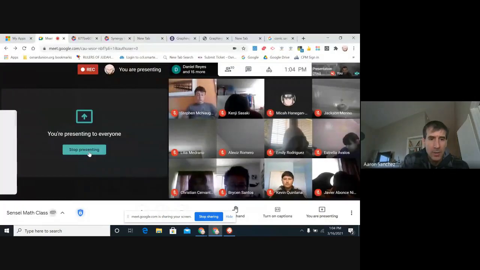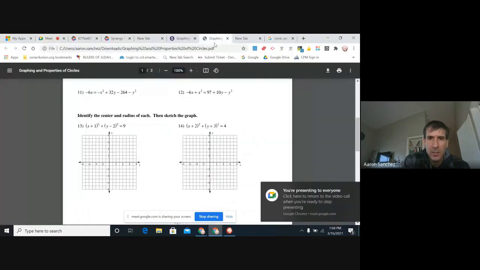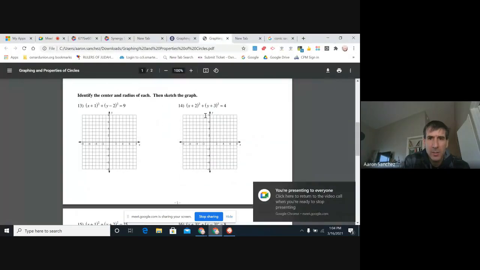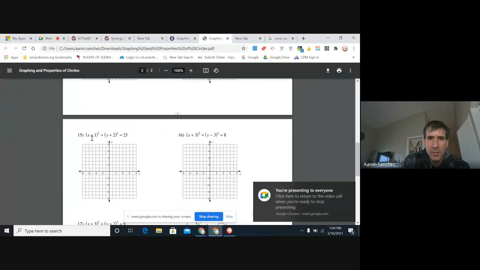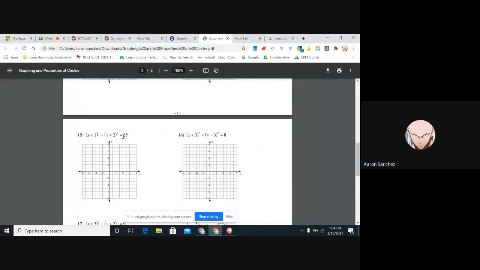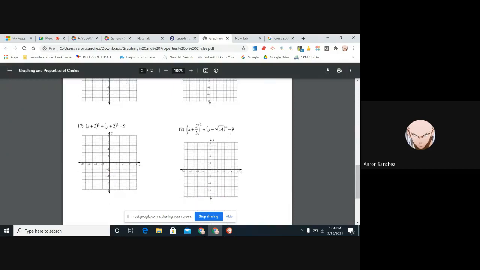Let's look at what else. Straightforward ones: center -1, -2, radius of 5; center -3, 3, radius the square root of 8. Have fun with that one.